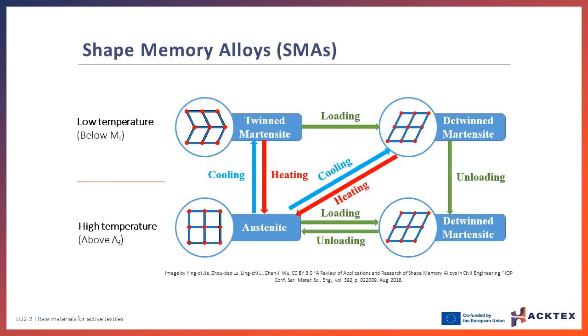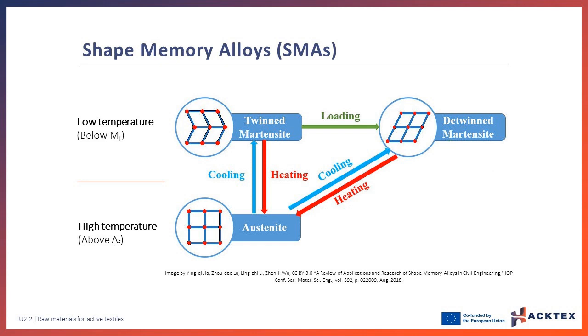Shape memory alloys base their working principle in their intrinsic ability to endure phase transitions between austenitic and martensitic phases, in favorable temperature ranges. Nickel-titanium alloys are the most widely known shape memory alloys. In the shape memory effect, when the alloy is subjected to a certain stress, the plastic deformation induces this transition, allowing a retention of the deformed shape.